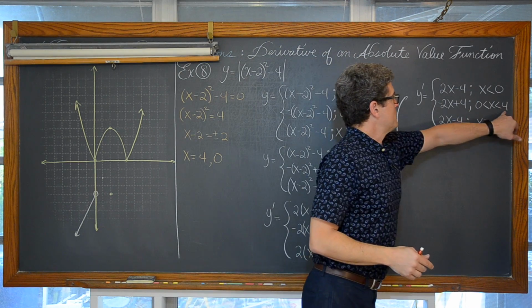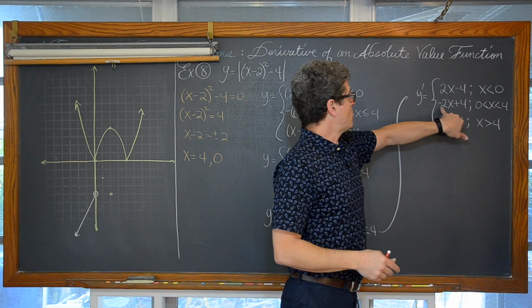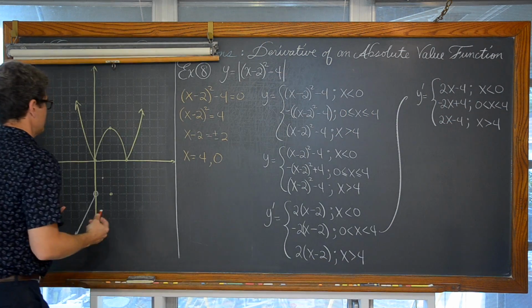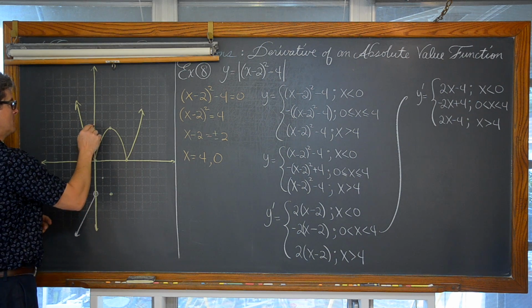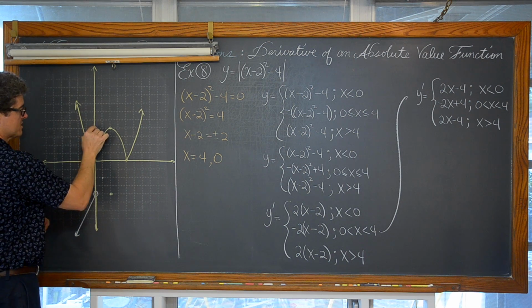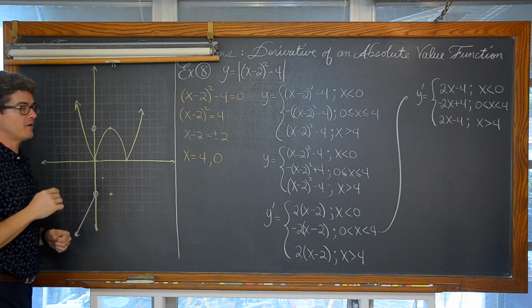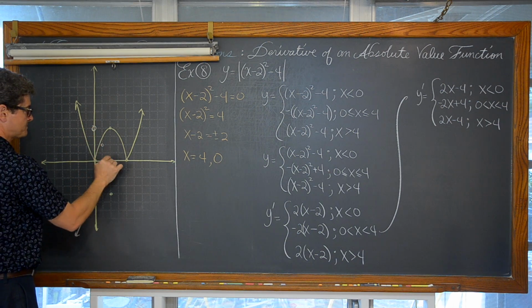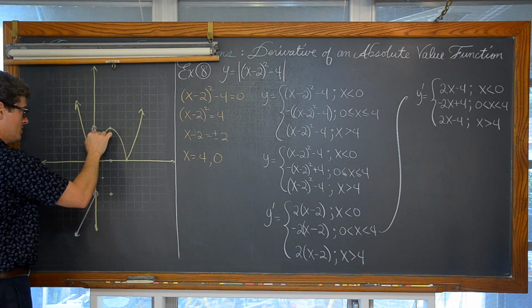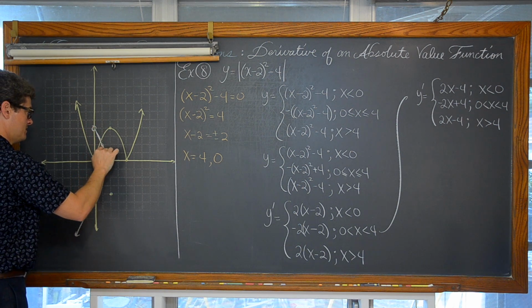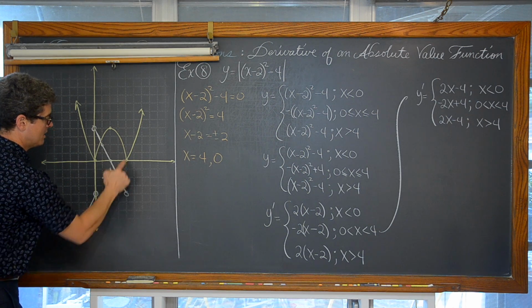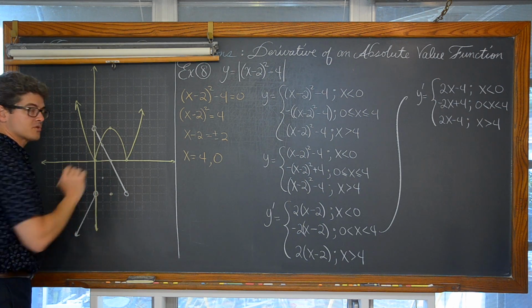So between 0 and 4 then, we have this line y equals negative 2x plus 4. So now our y-intercept is positive 4. Of course, we can't take a derivative at a sharp bend, so that's undefined. Slope's negative 2, so down 2 over 1, down 2 over 1, and just keep going, making a nice solid line until we get to that x value of 4, where we have that other sharp bend.